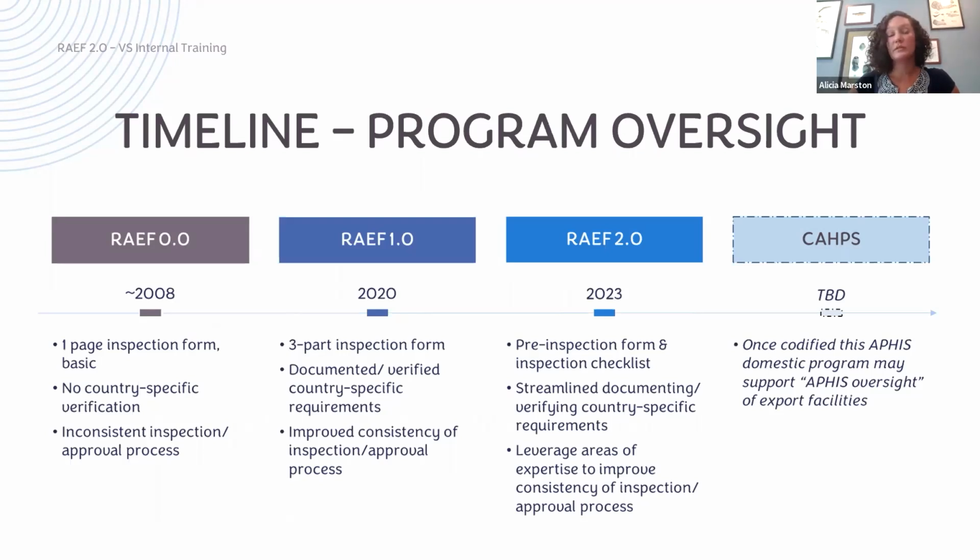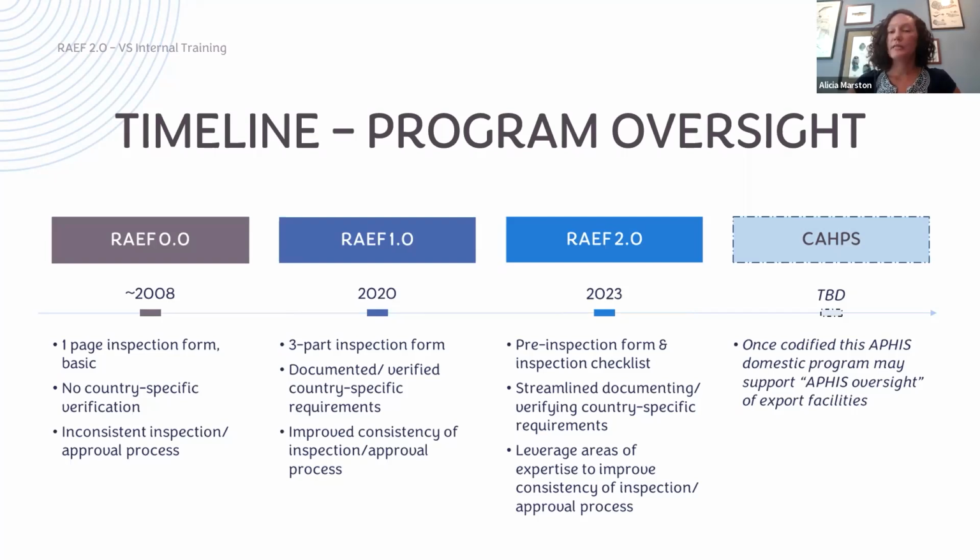There were no country-specific requirements. And how that one-page form was actually being used in the field was very inconsistent as far as the inspection and approval process. So in 2020, we did a big update to the registration program.